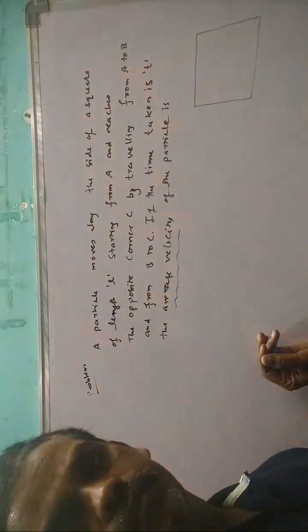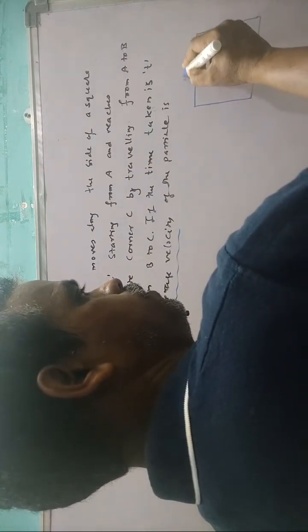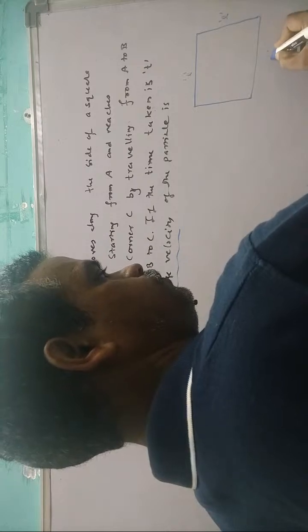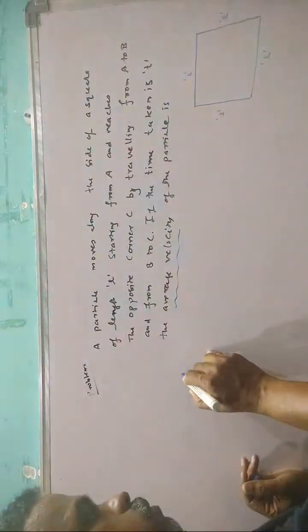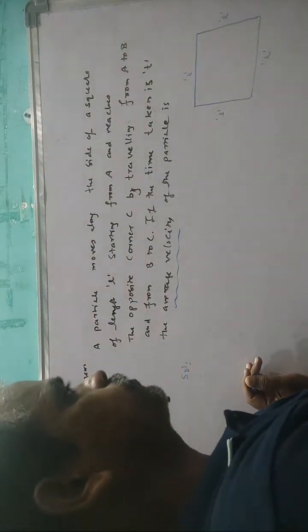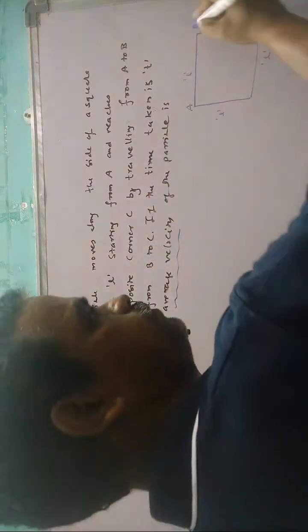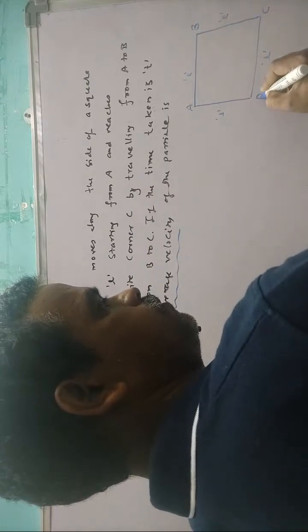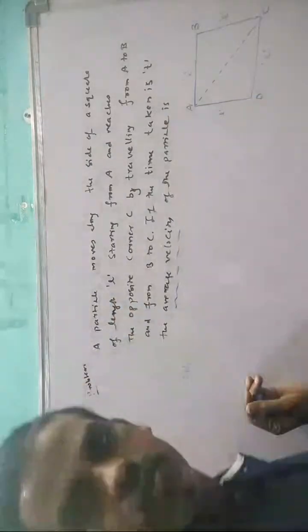The side of the square is L. The particle starts from A and reaches opposite corner C, traveling A to B and B to C.